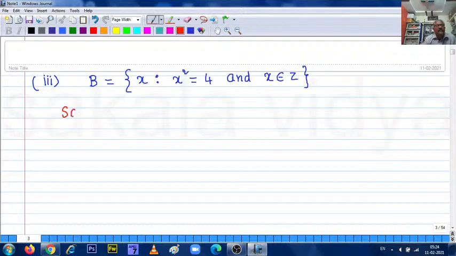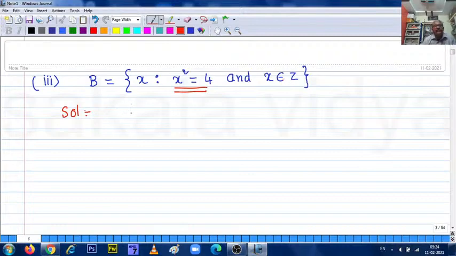First of all, solve this quadratic equation. We get two roots. The two roots are the elements of this set, and also x must be an integer. Integers may be positive or negative, and 0 may also be included.